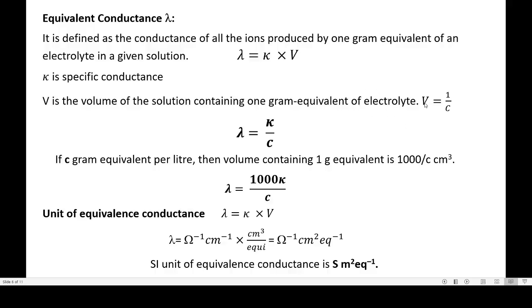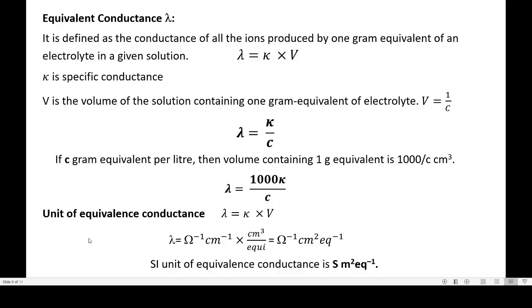Since volume is inversely proportional to concentration, V is given by 1 upon C. So equivalent conductance will be equal to specific conductance K upon concentration C. Suppose C gram equivalent per liter is present, then the volume containing 1 gram equivalent will be equal to 1000 upon C, that is 1000 cm cube upon C. So substituting this value for V, equivalent conductance will be equal to 1000 K upon C.